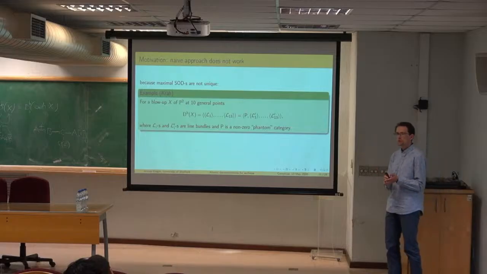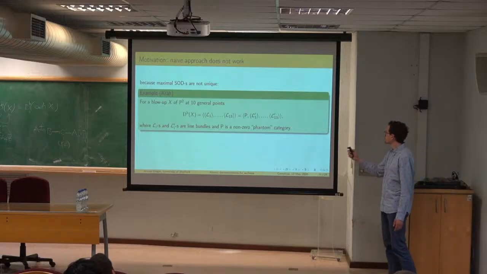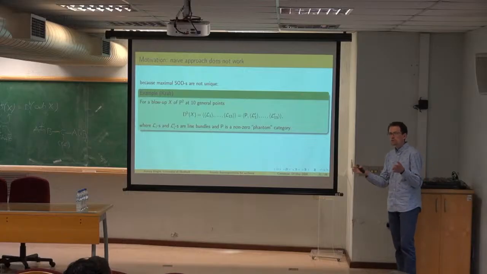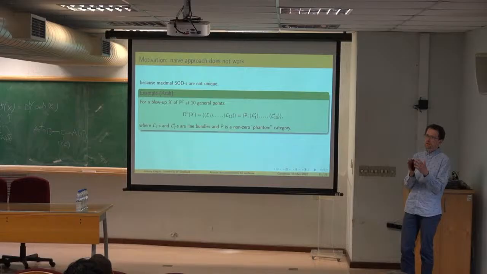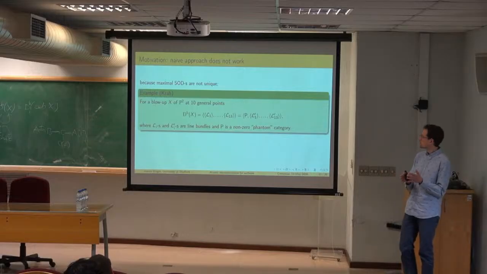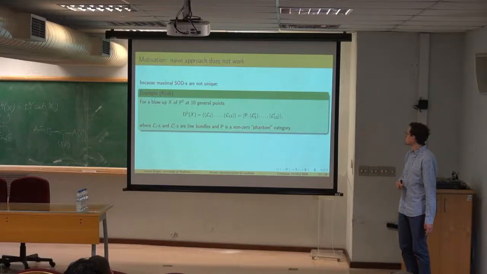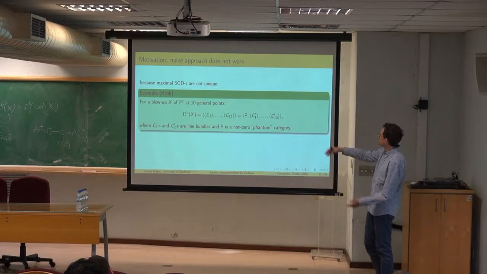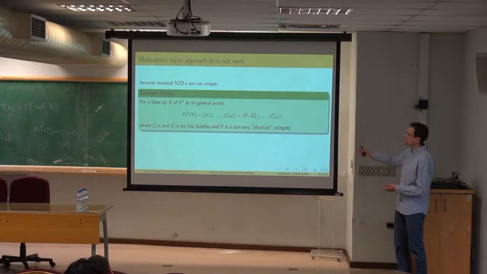One collection is full, so it gives a semi-orthogonal decomposition. And another collection is not full, so there is some extra component, denoted here by P, that completes a semi-orthogonal decomposition. And it shows that atoms are not well defined, because on the left we have one collection of atoms, and on the right something quite different.